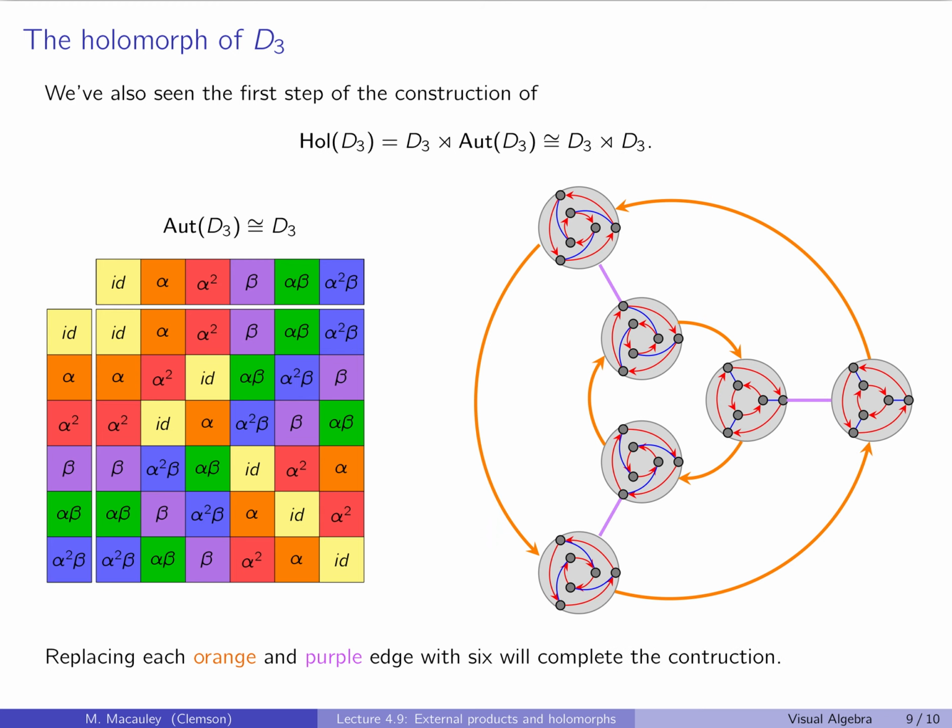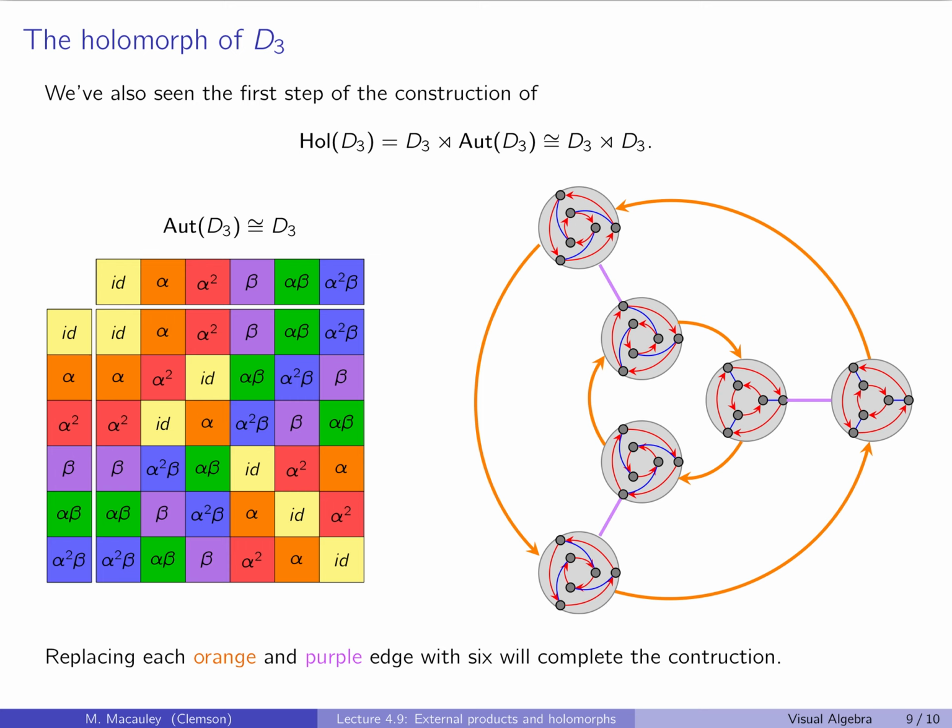Here's another example. Again, the first step of the holomorph of D3. So we, on one slide, did all 6 rewirings of D3. And then we took the automorphism group of D3, which is also D3, and we stuck those rewirings in here. And if we connect these things up, we will have a semidirect product of D3 with itself, which is the holomorph of D3.